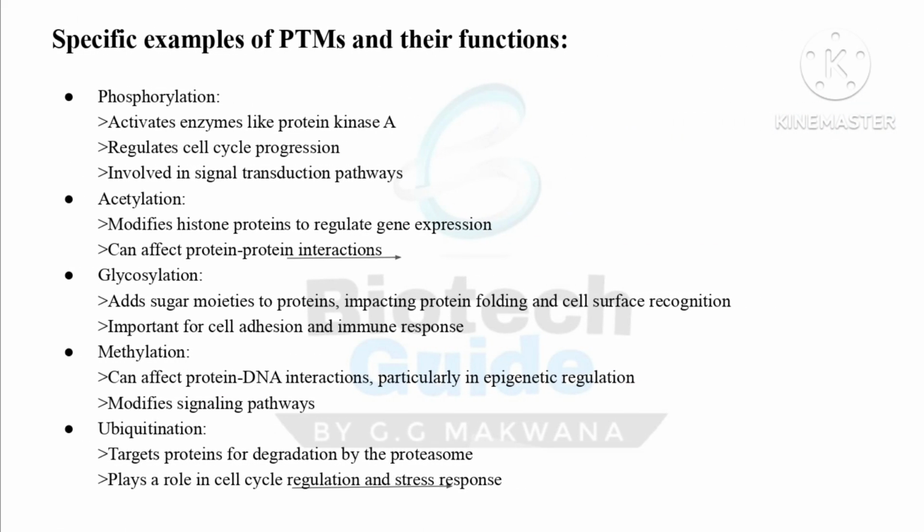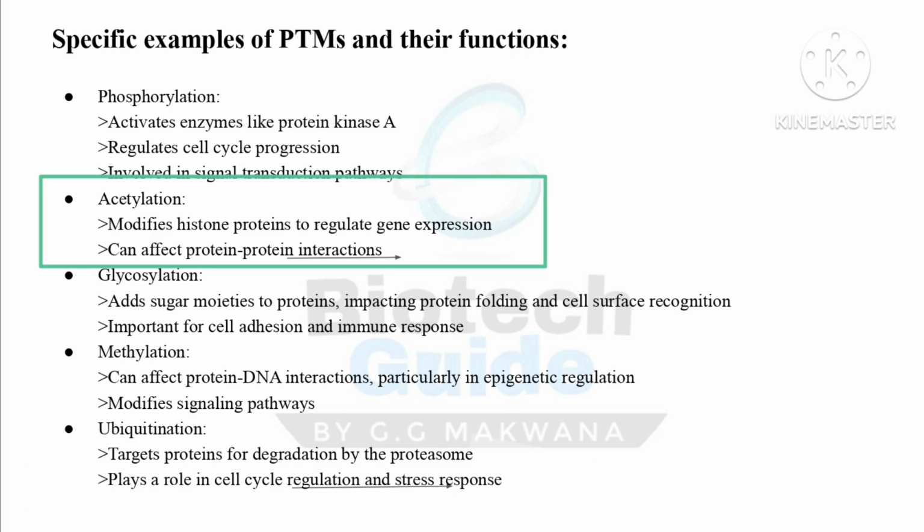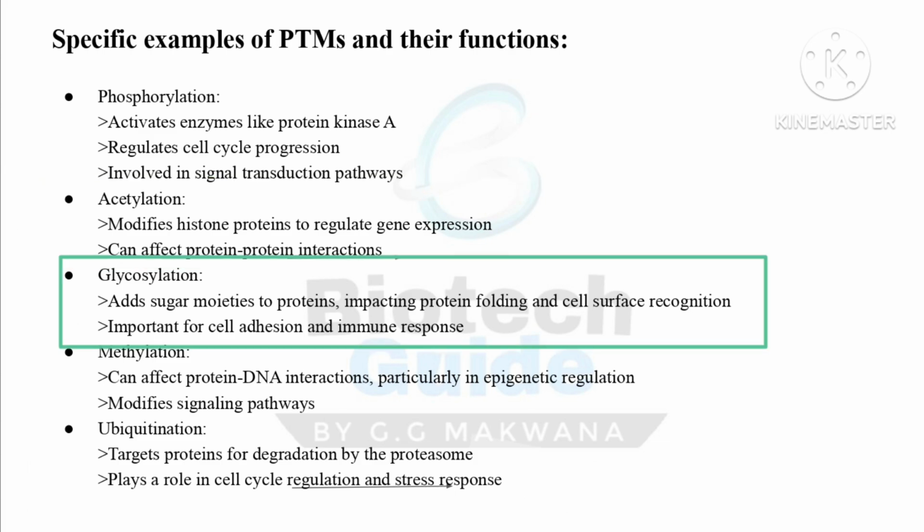Now let us quickly revise all the functions. First, phosphorylation activates enzymes like protein kinase A, regulates cell cycle progression, and is involved in signal transduction pathways. Then acetylation modifies histone proteins to regulate gene expression and can affect protein-protein interaction. Third, glycosylation adds sugar moieties to proteins, impacting protein folding and cell surface recognition.